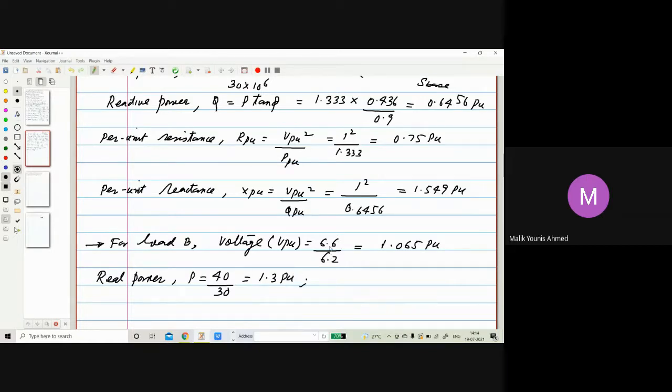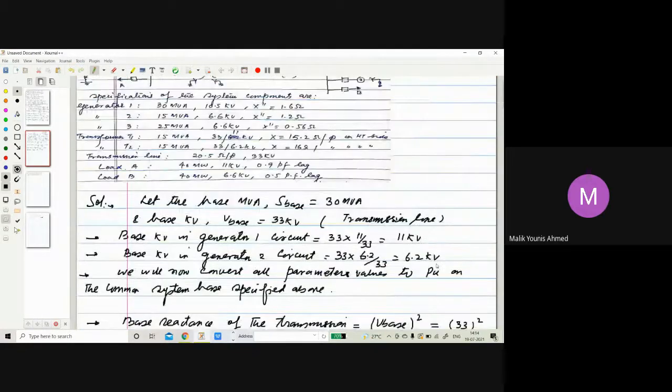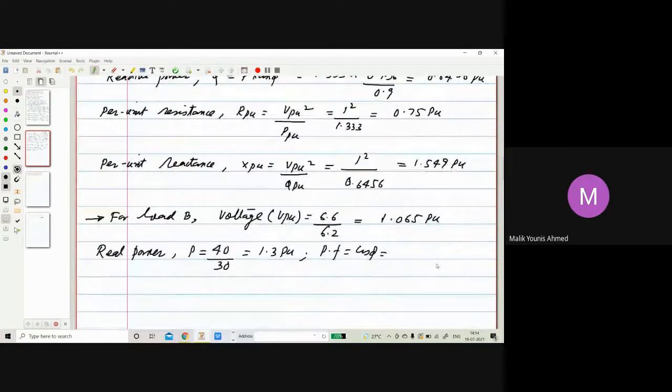Next, we have the power factor again. Cos phi in this case, let's see how much power factor is given, is 0.5 power factor lagging. So we can use 0.5 lagging power factor and we can derive the sin phi.